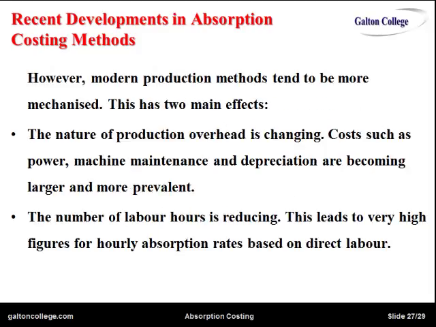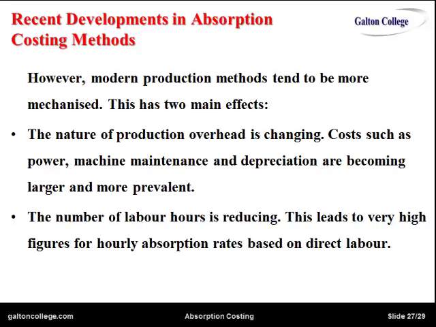There are recent developments in absorption cost methods. Modern production methods tend to be more mechanized. There are more machines and perhaps less people involved in the production process. And this has had two effects. The nature of production overhead is changing. Costs such as power, machine maintenance and depreciation are becoming larger and more prevalent, because those are really the inputs.